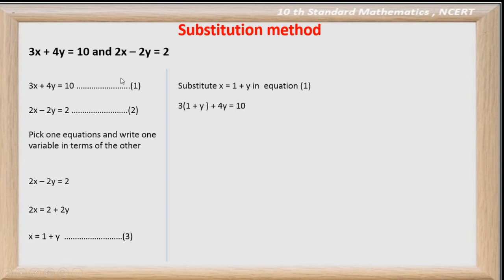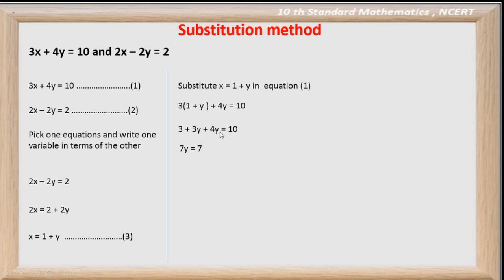In this x place we are giving this 1 plus y. So 3 into 1 is 3 plus 3 into y, 3y, plus this 4y equal to 10. 3y plus 4y is 7y. So 3 plus 7y equal to 10.